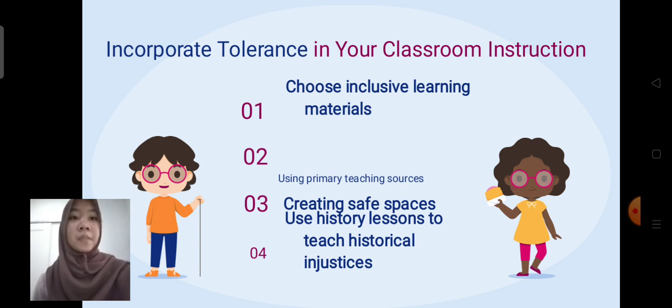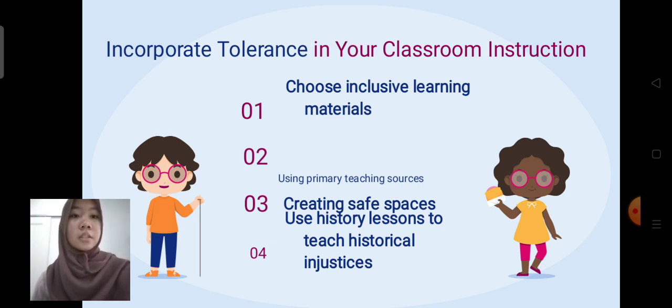The second, using primary teaching sources. Primary sources are significant in teaching students about history while embracing cultural sensitivity. In addition, electronic versions of primary sources can help connect students and renowned social justice activists such as Dr. Martin Luther King Jr.